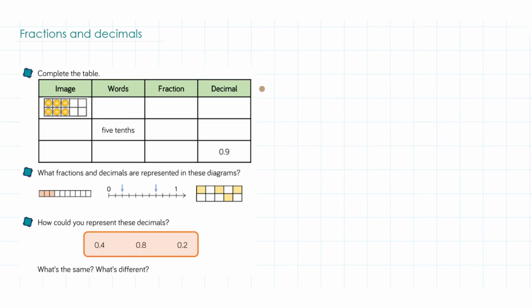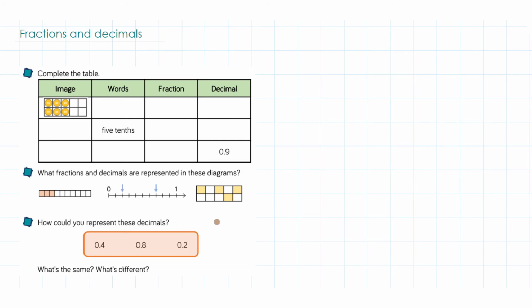Some questions for you to do. The first one, complete that table. I really like that question because you're showing the same number in lots of different ways. And that really helps you understand the number very, very well. For the image, of course, there's lots of different possible answers. Number 2, what fractions and decimals are represented in these diagrams? Fractions and decimals.